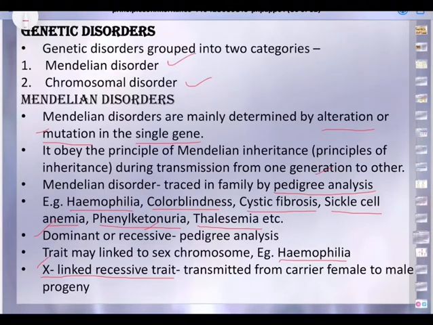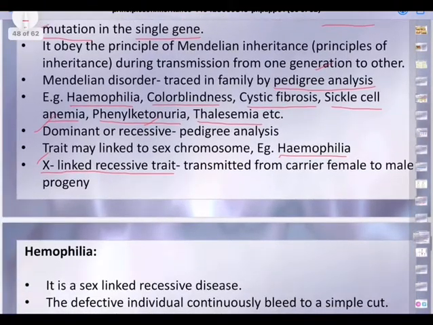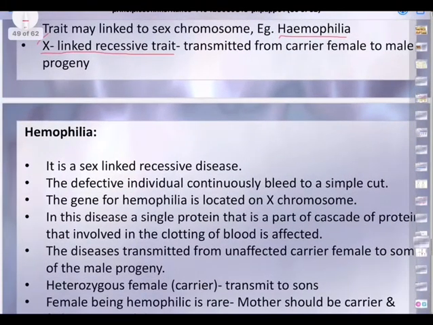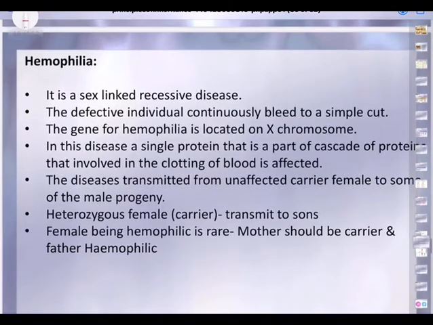In that sex chromosome, there is an X-linked recessive trait. So there should be an X chromosome, and on that there is a recessive gene. Then the person will have hemophilia. So it is transmitted from carrier female to male progeny. Unfortunately, most of the time it is the men who suffer from this disease.